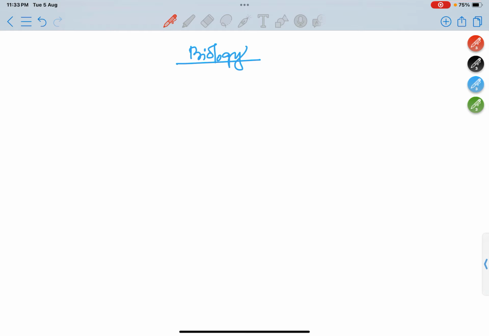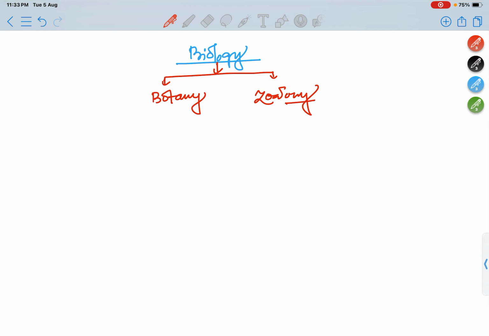How to cover this biology portion. In the biology portion there are two subjects, botany and zoology.